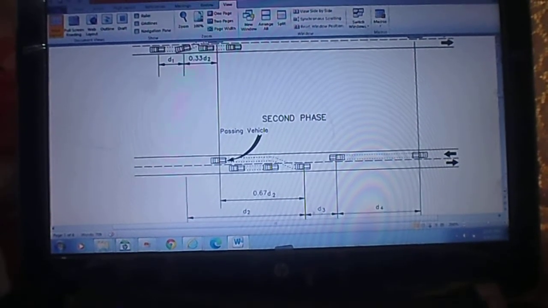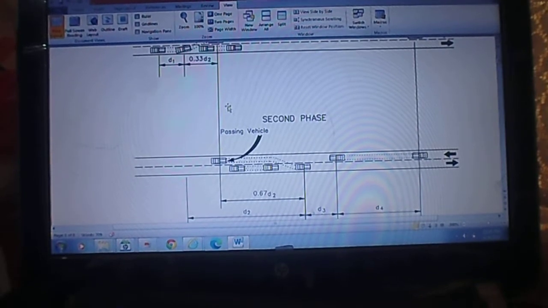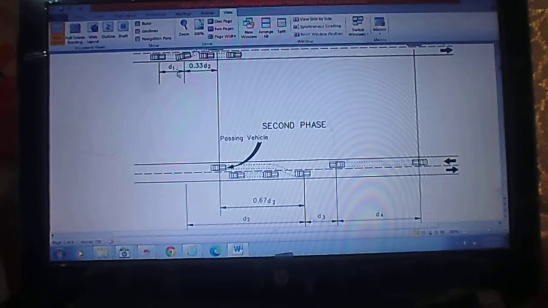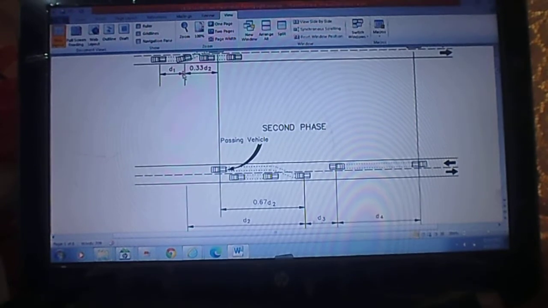How about D sub 1? D sub 1 is composed of two distances.